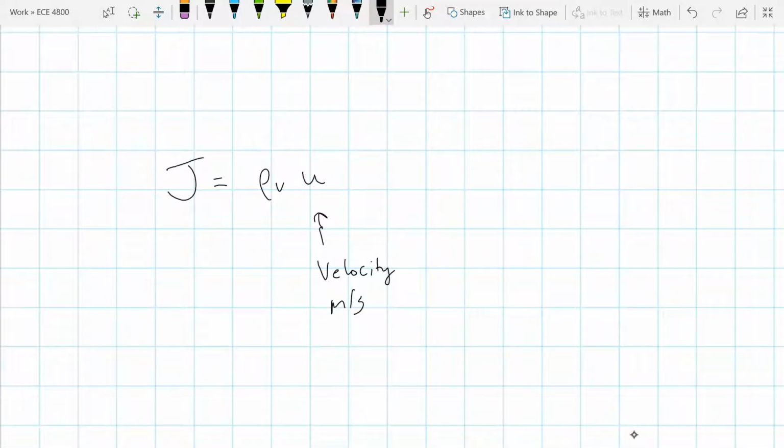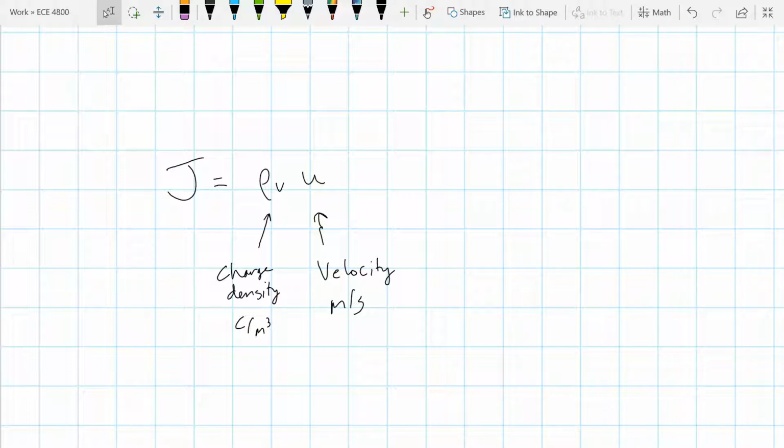And this is the charge density. When we talk about charge density, we're talking about how many charges are in the material per meter cubed, so it's coulombs per meter cubed. If we took a meter cubed chunk of that material, how many charge carriers would we find in there?